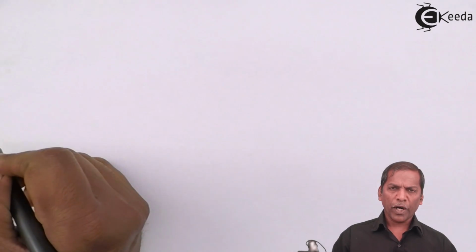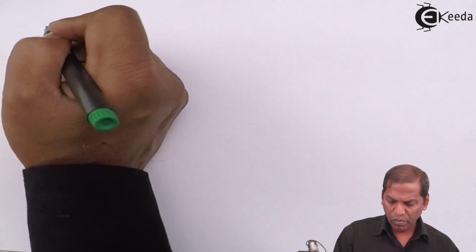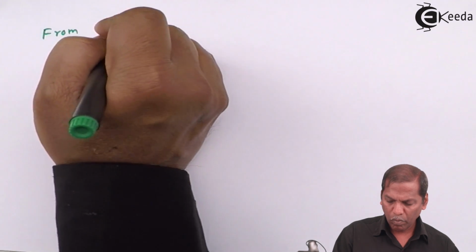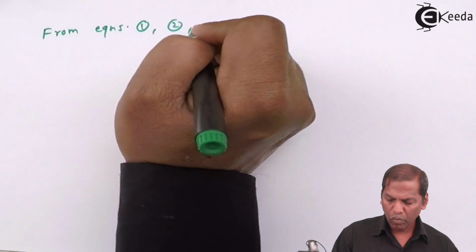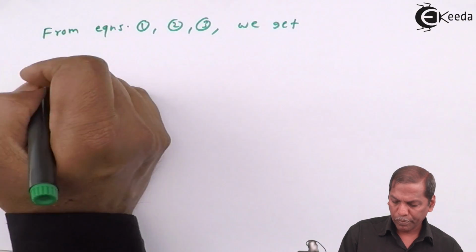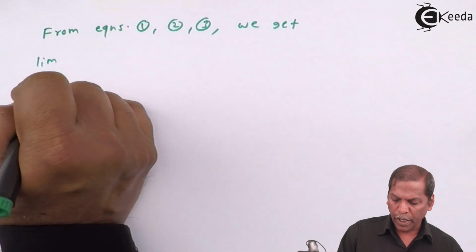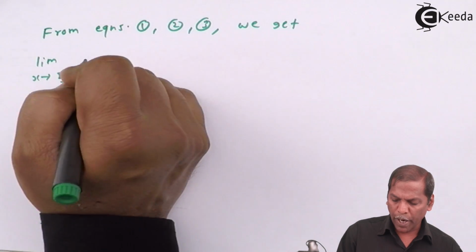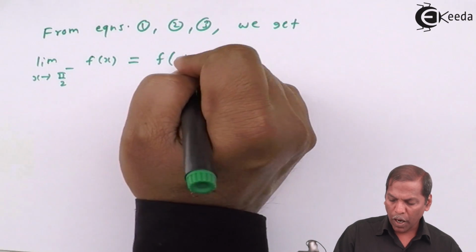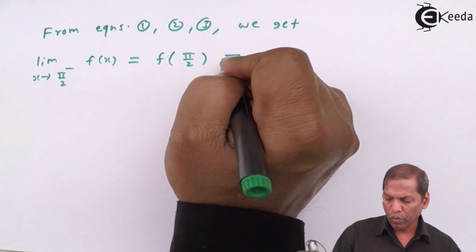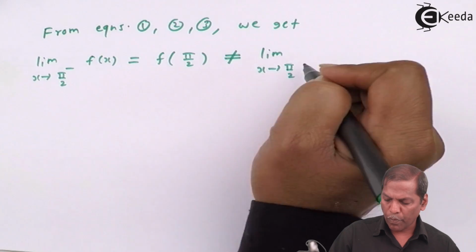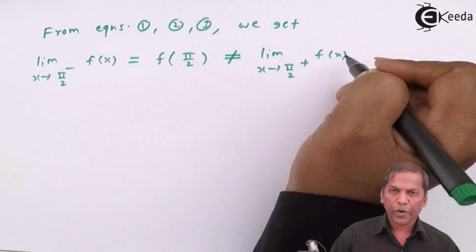So from equations 1, 2 and 3 we get limit x tends to pi by 2 minus f x is equal to f of pi by 2 and not equal to limit x tends to pi by 2 plus f x.